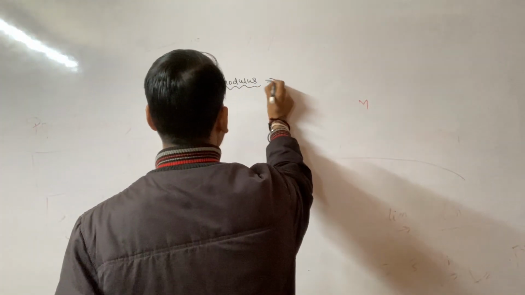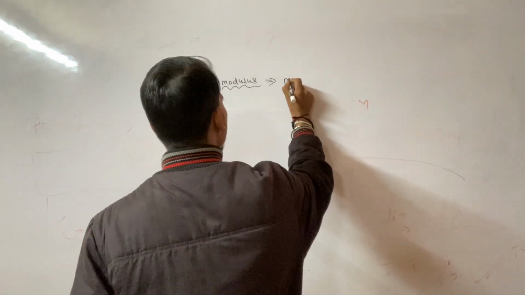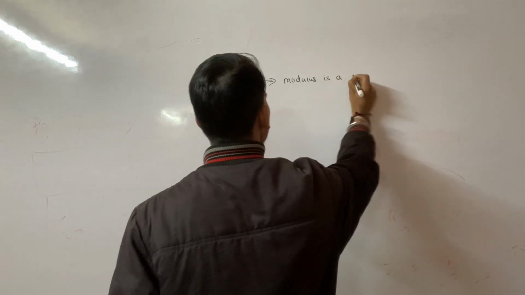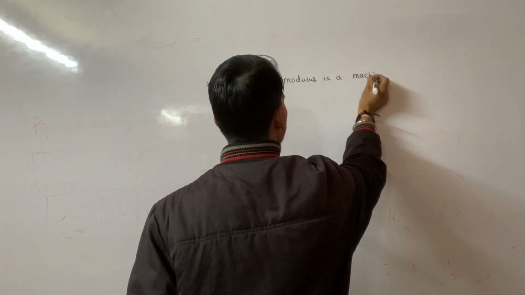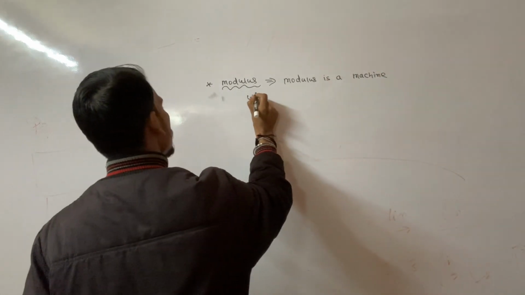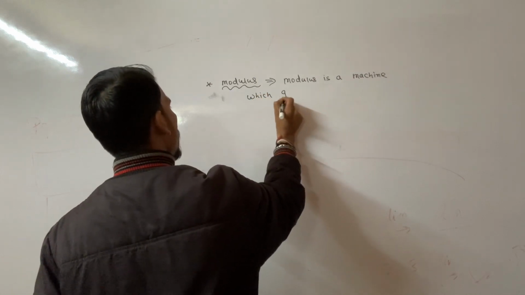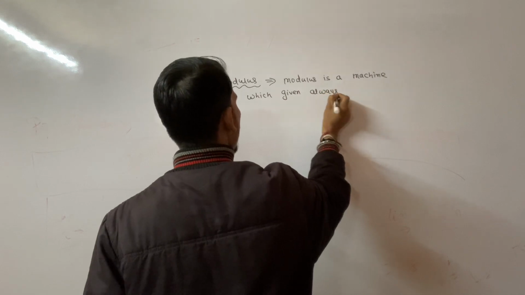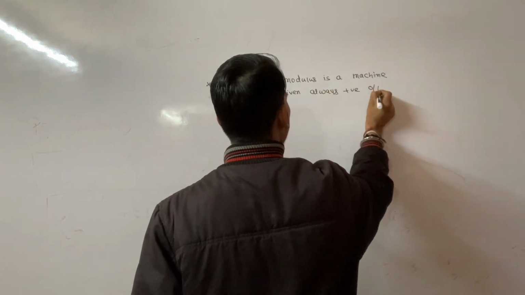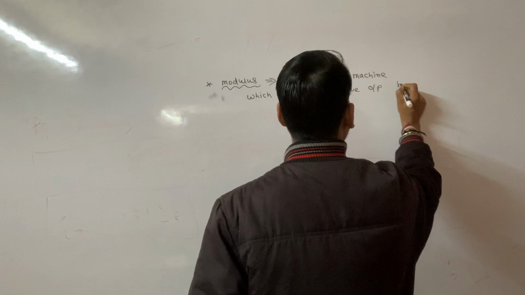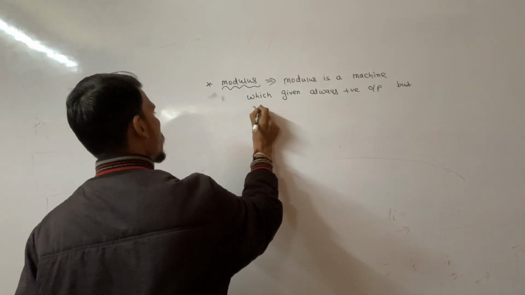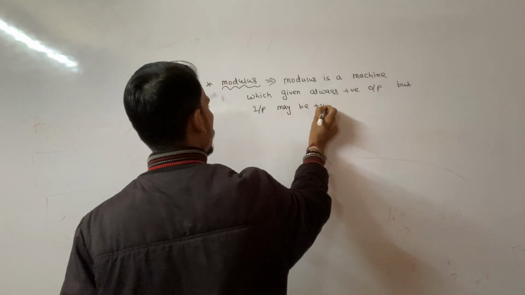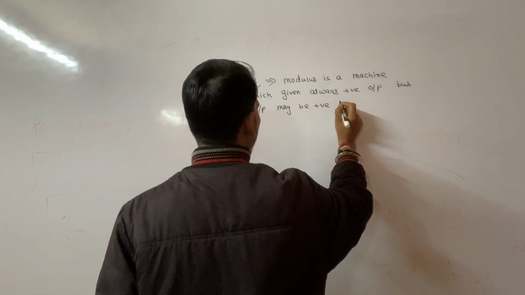So first of all, we can say that modulus is a machine which gives always positive output, but input may be positive or may be negative.